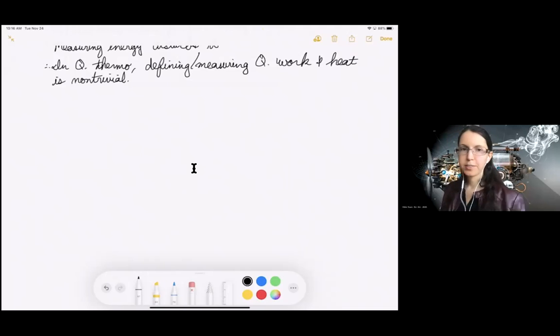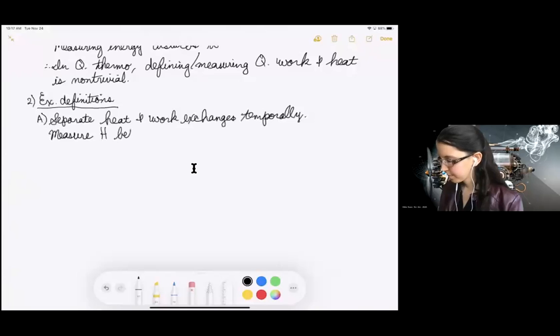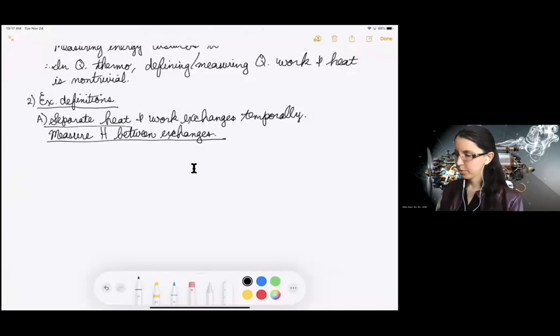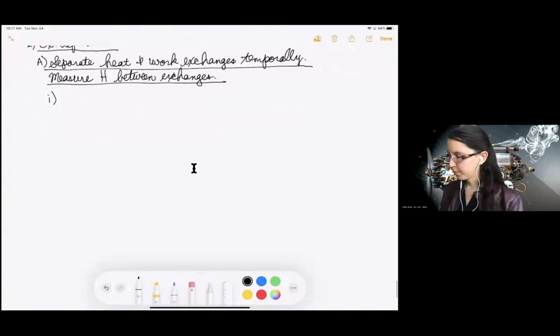First, you could separate the heat exchanges from the work exchanges in time and measure the energy between the exchanges. In this protocol, we have a system of interest.